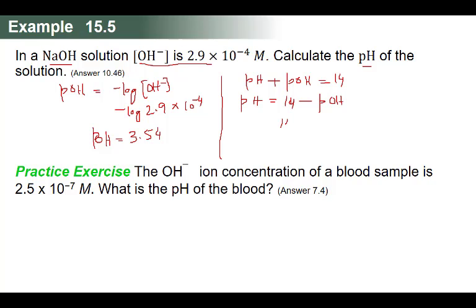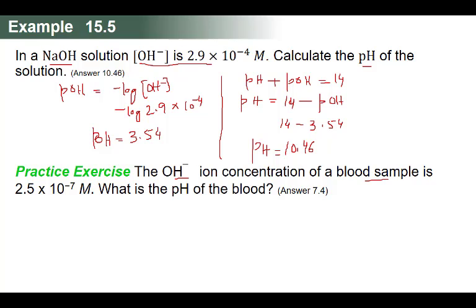So 14 minus this answer 3.54, it will be equal to 10.46. This is the pH answer.